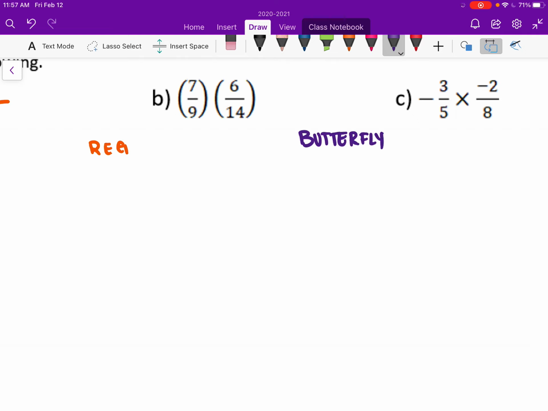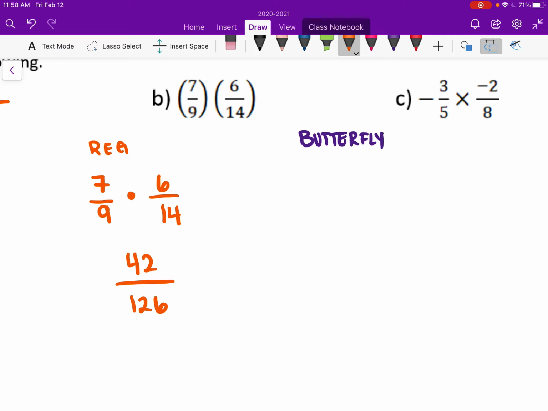Okay, so let's just do the regular method. You have 7 over 9 multiplied by 6 over 14. So I'm just going to do 7 times 6, which is going to give me 42. Then I'm going to do 9 times 14, which will give me 126.